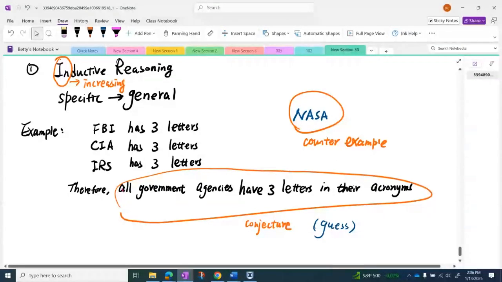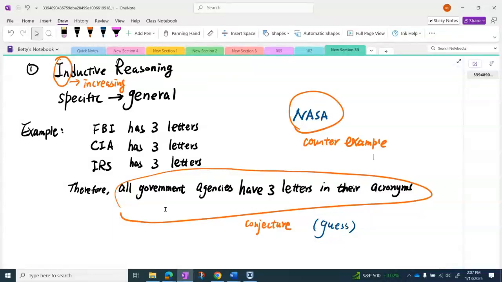So from inductive reasoning, we need to grasp 3 definitions. The first definition, induction or inductive reasoning. It is a reasoning process that goes from specific to general, meaning you draw a general conclusion based on a few specific cases, like this example that I gave you. That is inductive.